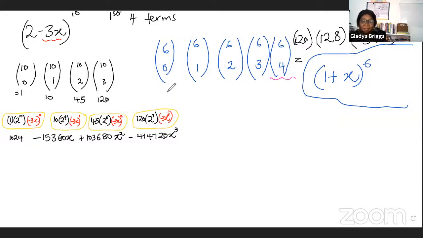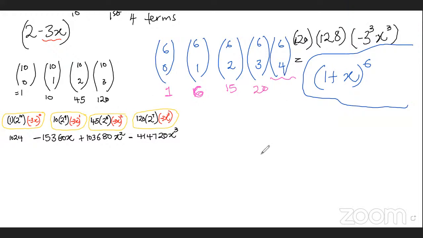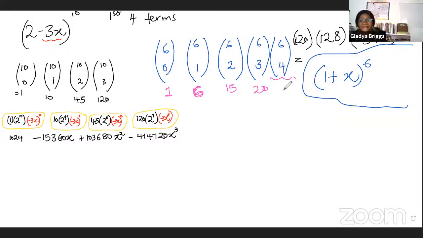Is 1. 6 choose 2 is what? 15, yeah. 6 choose 1 is what? 6. 6 choose 3 is what? 20. And 6 choose 4 is what? 15.